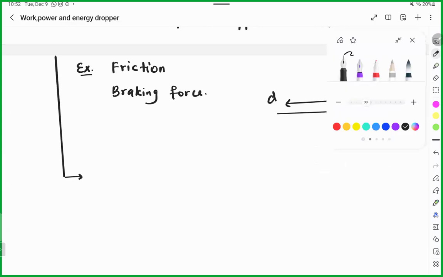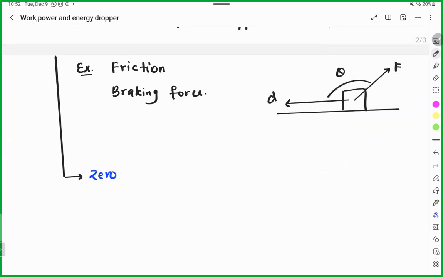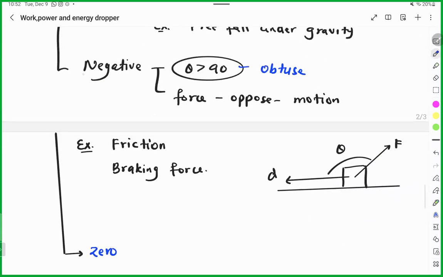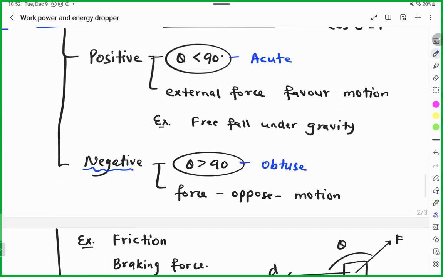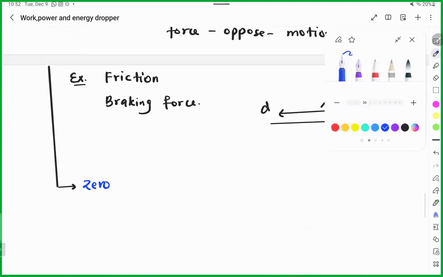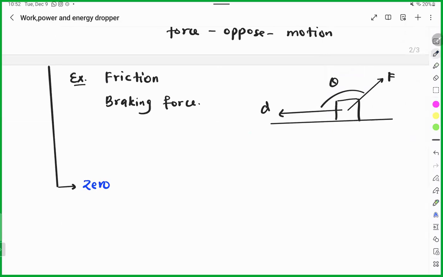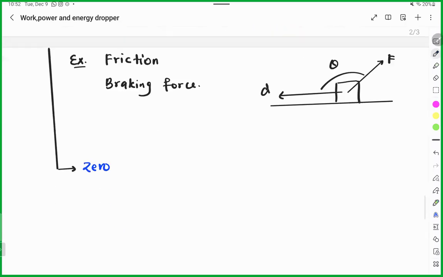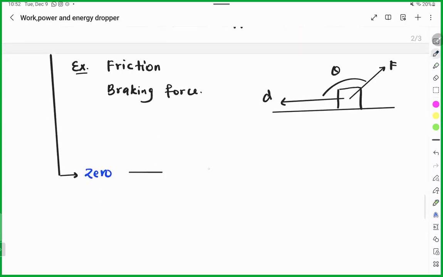So, Tara, when will you have zero work? When theta is 90 degrees. Yes. In the case of zero work, theta should be 90 degrees, first thing, because we know the value of cos 90 is equal to zero. Okay.